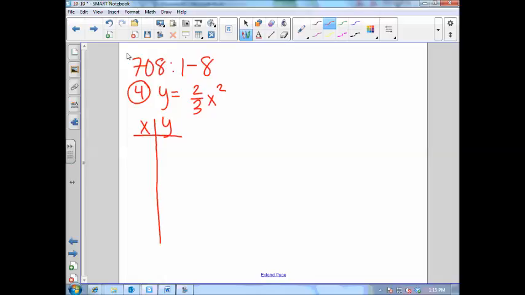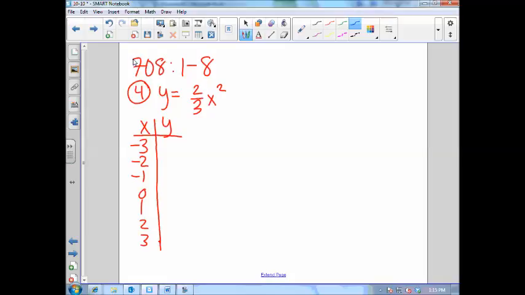Okay, so every time you graph, you need to do an xy table. We always are going to be using, for quadratics, the x's from -3 to +3. Thanks for moving, Annabelle. Okay, and then you plug them in one by one. Jared, why don't you tell us what you got?